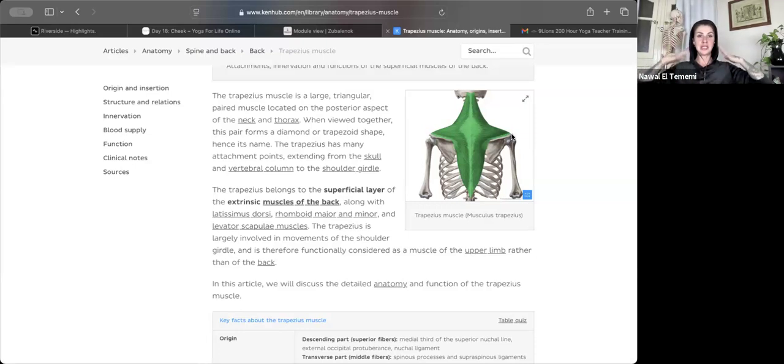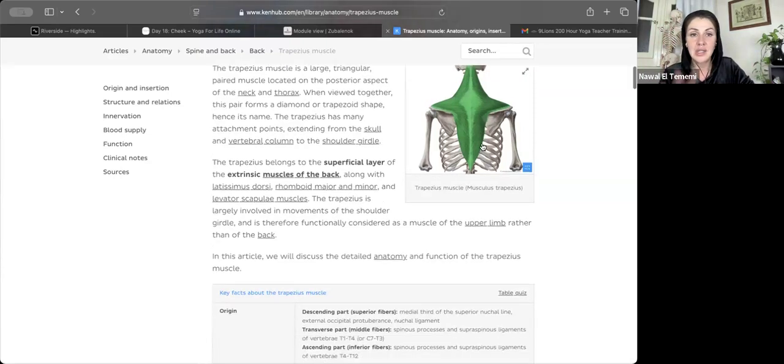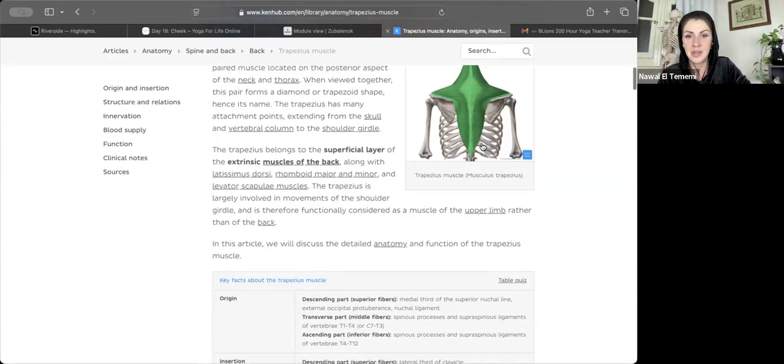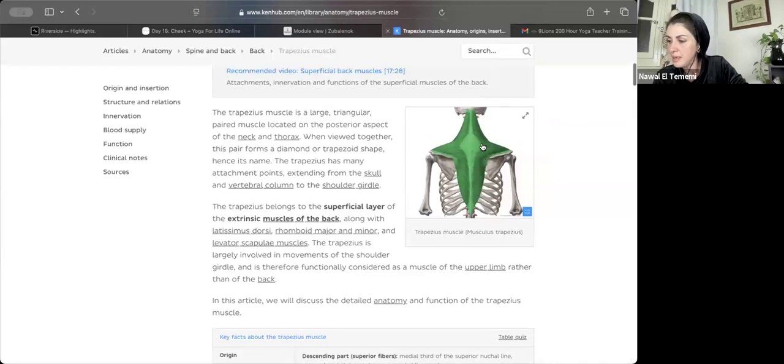Its action is to just have this broadness. So when I say open that chest, open the collarbones, part of it will be your traps engaging and going down and spreading out. Look at the shape, because often the shape of the muscle has a lot to do with how it's meant to move.